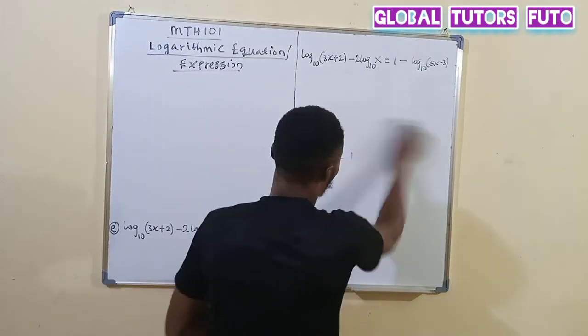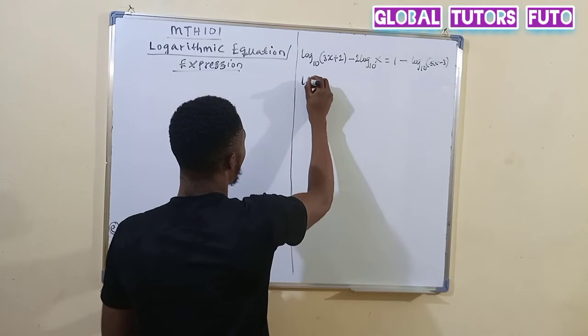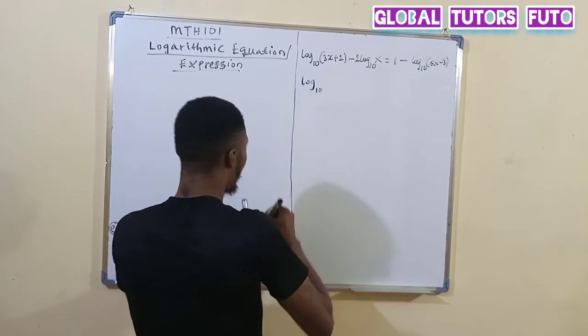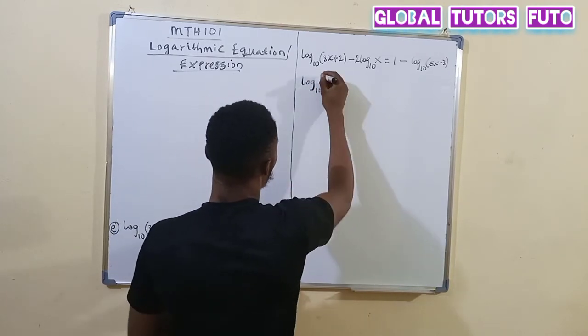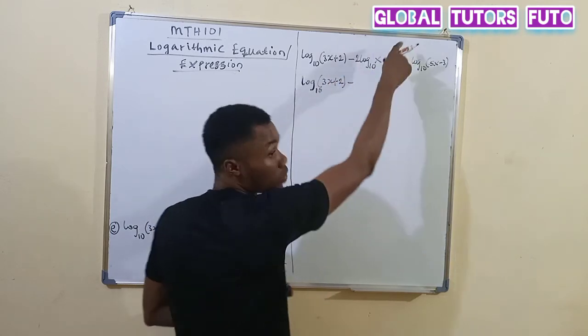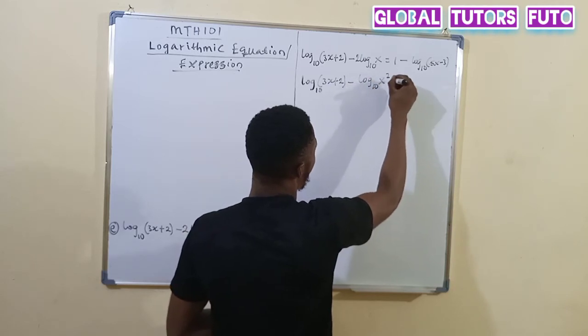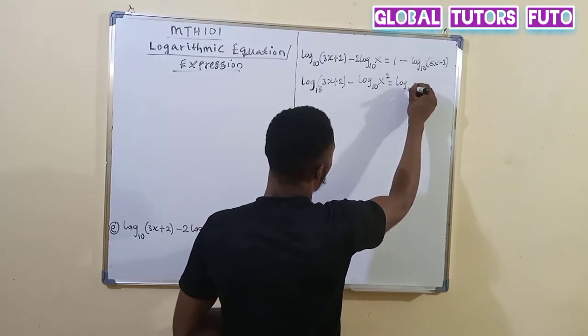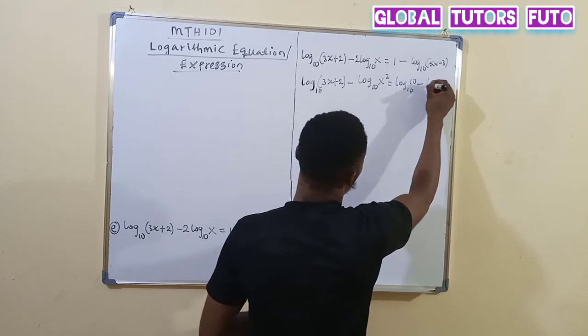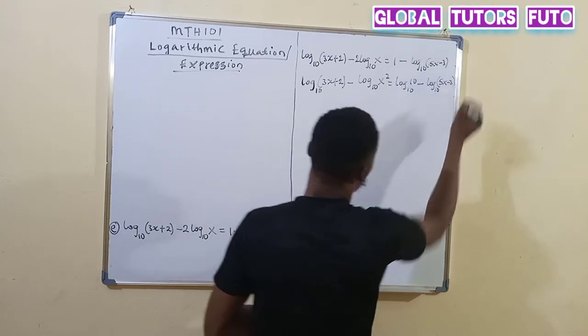So now I can write this as log base 10 of 3x plus 2 minus, so this 2 can go up. I have log base 10 x squared equal to log base 10 10 minus log base 10 5x minus 3.